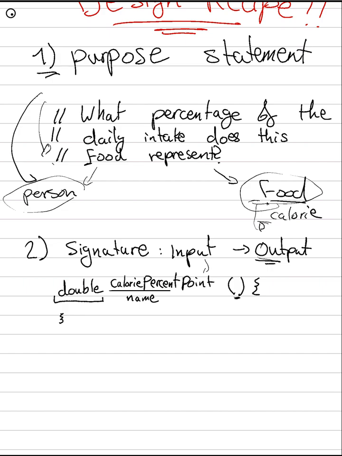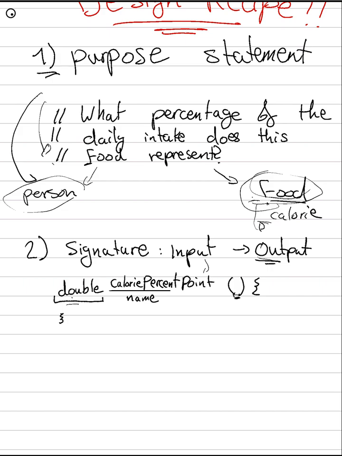We'll have more examples of methods that have an input, but for now, we can just have this. So this is our signature. The output type is a double, the input type is nothing, and because it exists in the food class, it will have access to all the food information. Does that make sense? Yes.